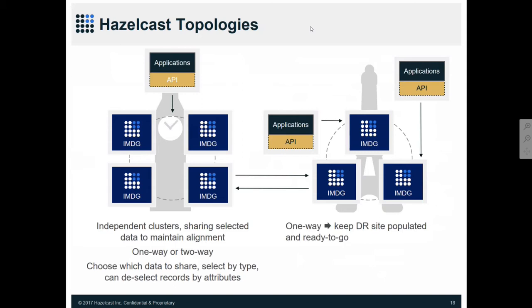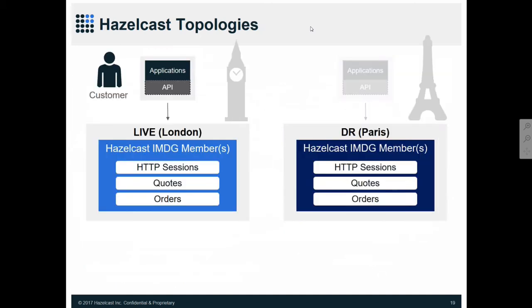You can interconnect those two clusters, and they can use one-way replication. That is, you would have a live data center, for example, in London, and you have a one-way replication to the data center in Paris. When you figure out that something is wrong in the London data center, you switch over, you fail over to Paris. So that is the first thing.